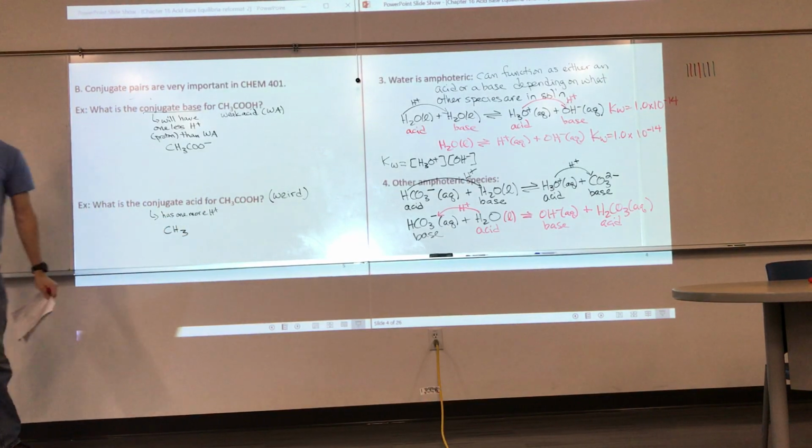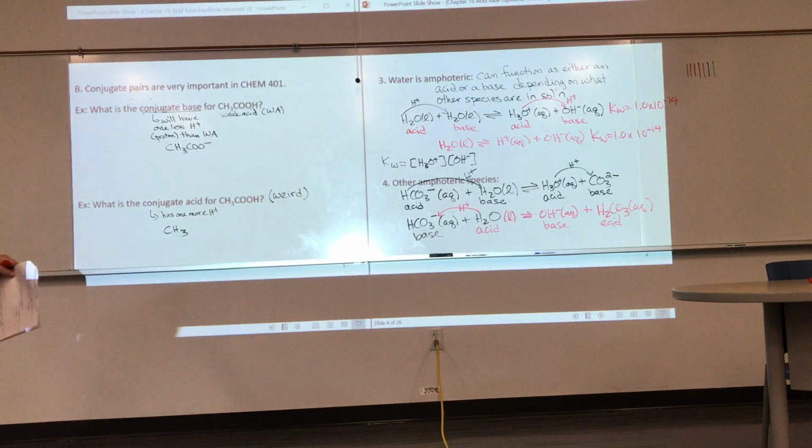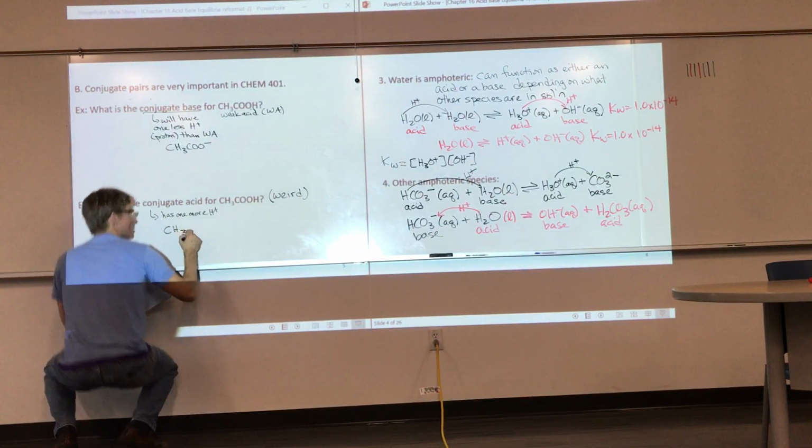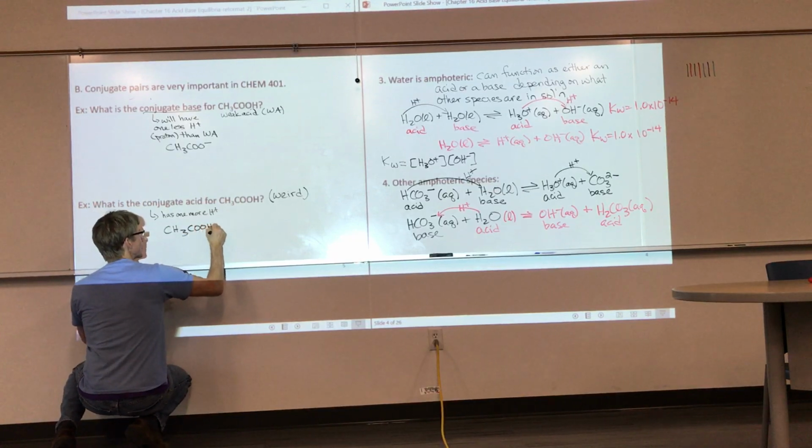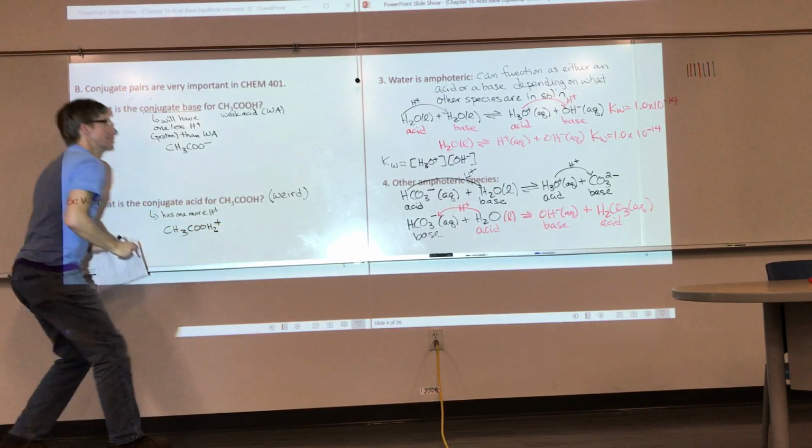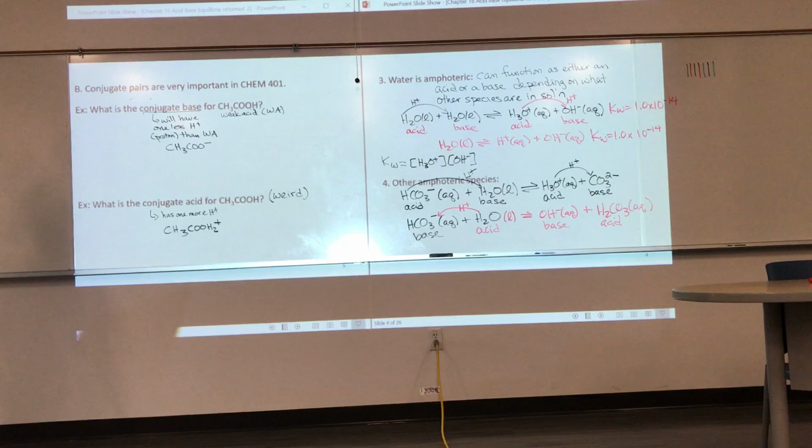And granted, we don't know where to put it, right? That's fine. And it doesn't matter, but it looks like this. And it has a plus because we added an H plus.